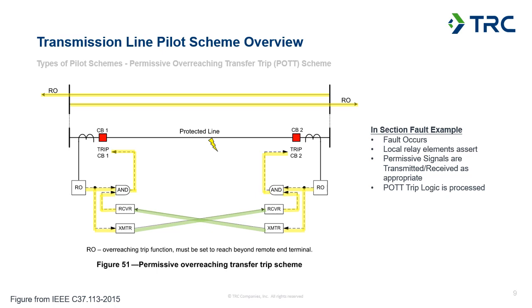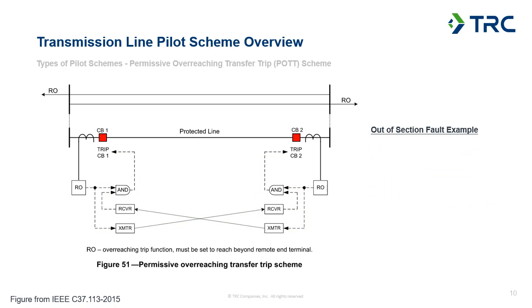At that point, the logic within the relay at each end, the AND gate associated with the trip function, they both are now satisfied because both inputs, both the local overreaching element and the permission, are received, and that operates to trip both circuit breakers, and that will clear the fault, and the line can then reclose or do some other type of operation to tell if the line can be re-energized at that point.